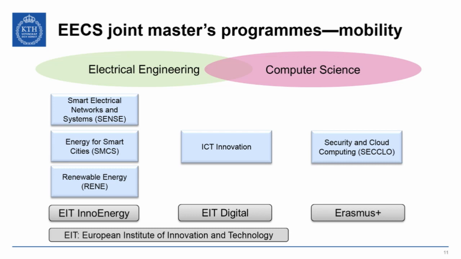You can also apply through EIT Digital, in this particular case, if you see it as an example. That is a different application system with a different evaluation of the application and other scholarship opportunities. So look carefully among these programs and see, is my interest represented not only in the KTH local programs but also in a joint program? I might want to apply to both of them.